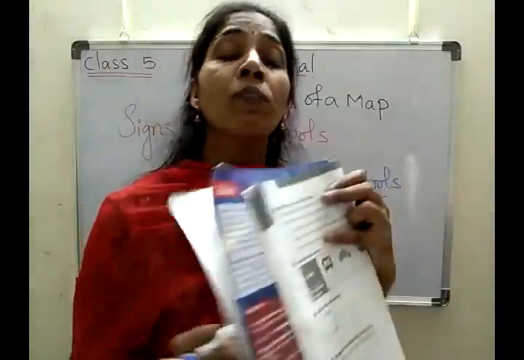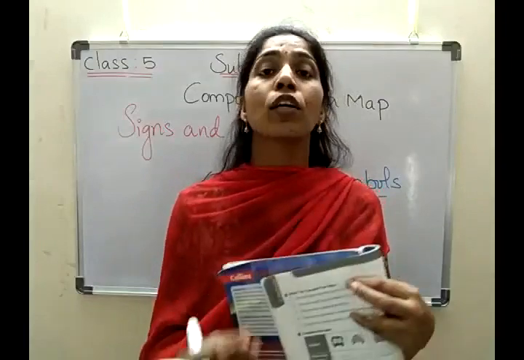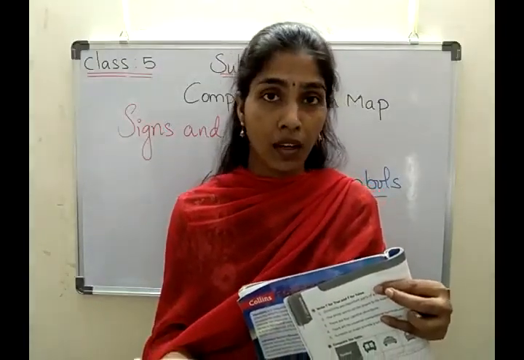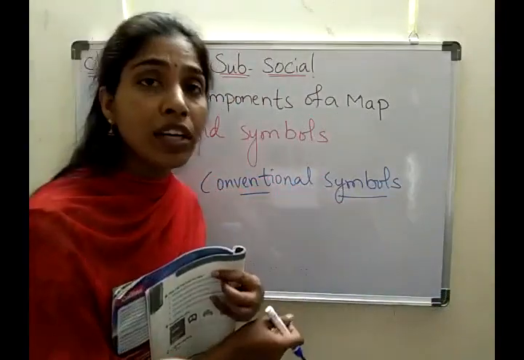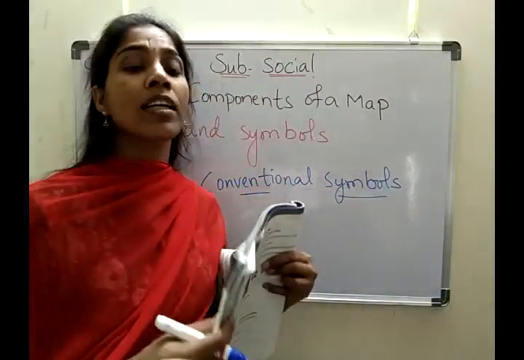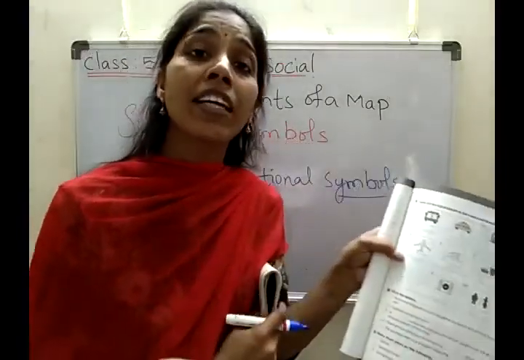So throughout the world the people agreed on using some symbols, so these symbols are called conventional symbols. Children, these symbols give a lot of information in a limited space.